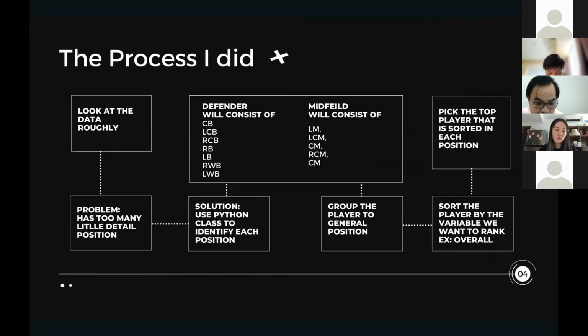The process I did is first I looked at the data roughly, and the problem is that the positions of the players are too detailed. So I created a class which groups the player formation, such as center back, left center back, right center back, and others, into defenders, and then grouping the midfield into one big class. After that, I sorted the players by their overall, and I pick the first one in each position to be in the team.